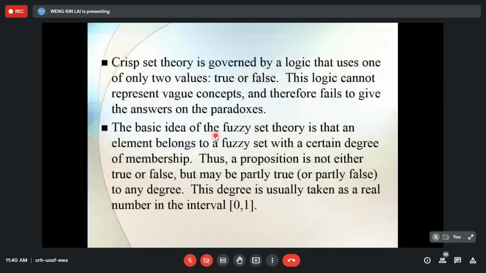So the Boolean logic is based on what we call crisp set theory. That is, this set theory is governed by a logic that uses one of only two values: true or false, black or white, on or off. So this logic cannot represent vague concepts, ambiguous concepts, and therefore fails to give you the answers on the paradoxes, conflicting concepts.